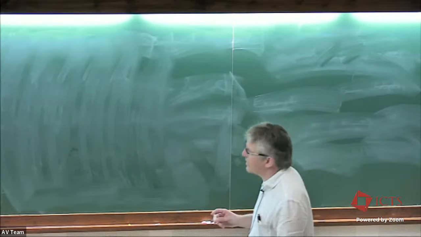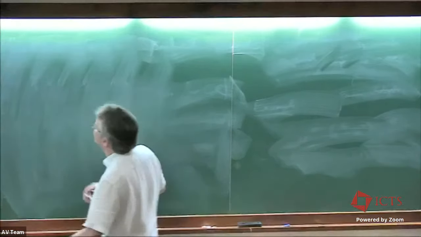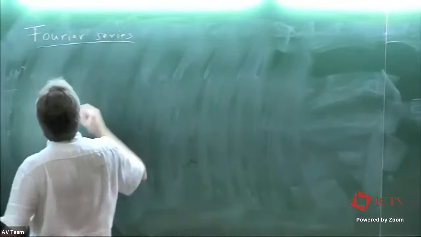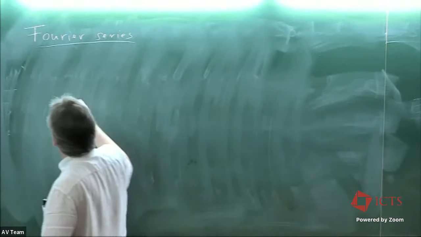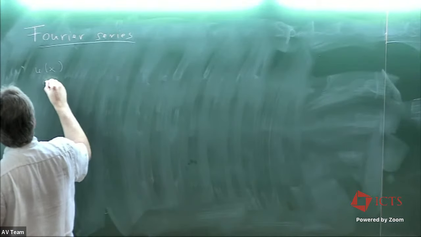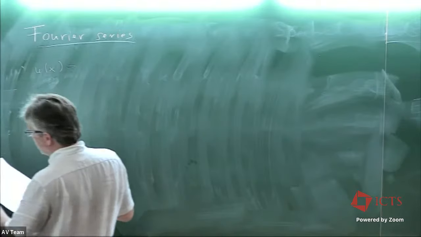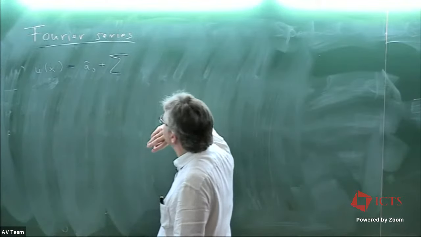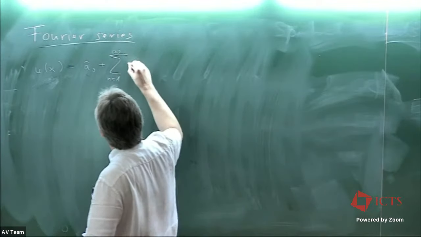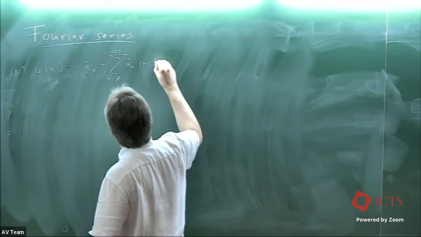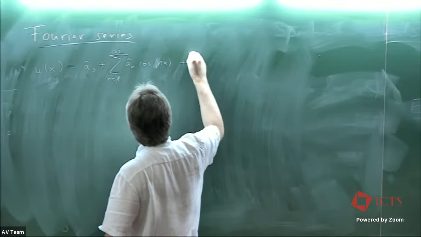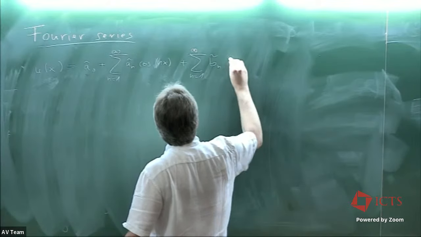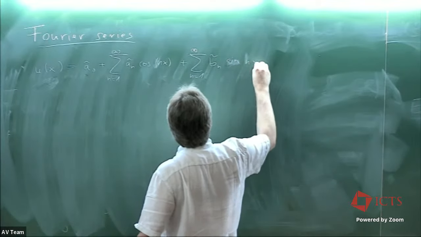Okay, let's get started and let's talk about Fourier series. So typically a Fourier series of a real function, if you prefer the sine cosine expansion, would be a constant, and then many cosines of different frequencies, and then many sines of different frequencies, sine nx.